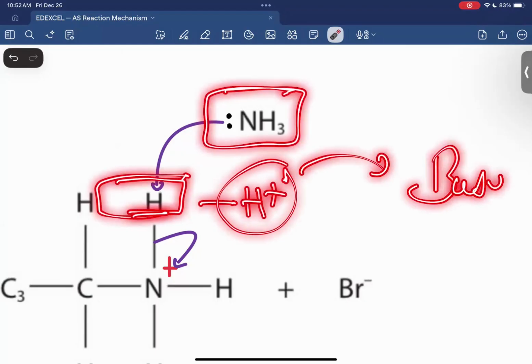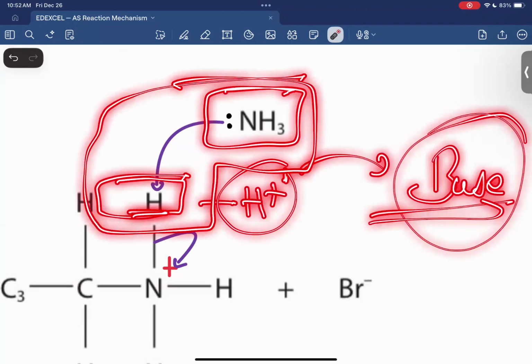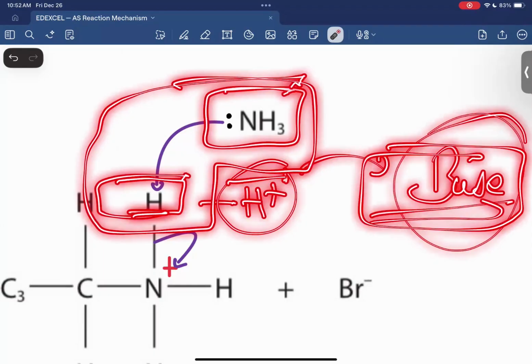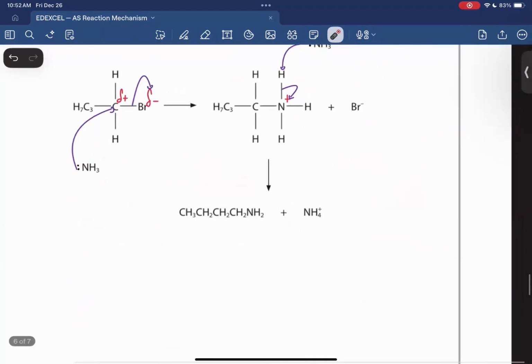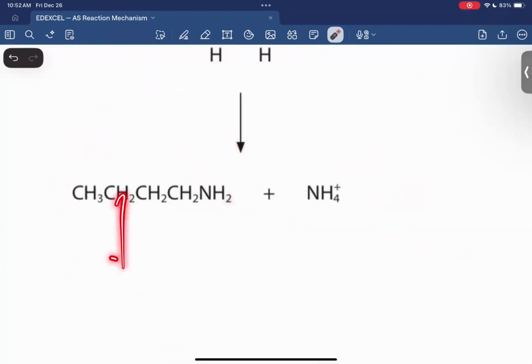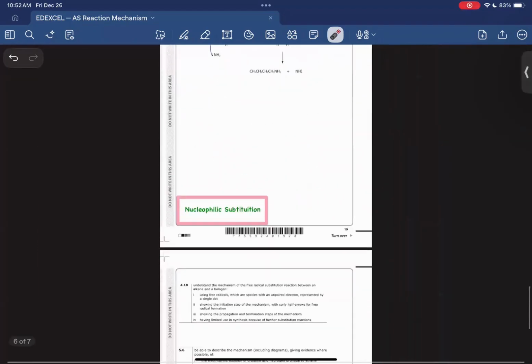Base. So this reaction over here is an acid-base reaction. Something that accepts a proton, H plus, is what we refer to as a base, okay? And it basically leads to the formation of this compound, amines, and this NH4 plus. I hope you all are clear with it, okay?